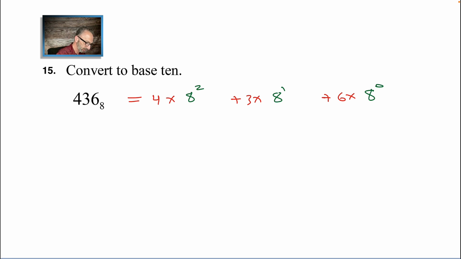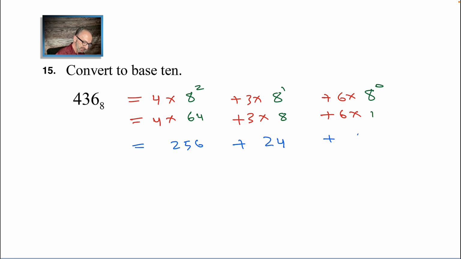Okay, let's finish it. We're almost done. Equals 4 times 3 times 6 times 64, 8, and 1. Four times 64 is 256. 3 times 8 is 24. 6 times 1 is 6.